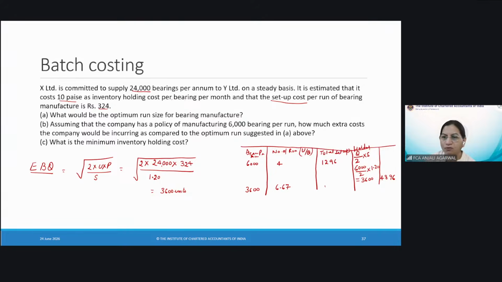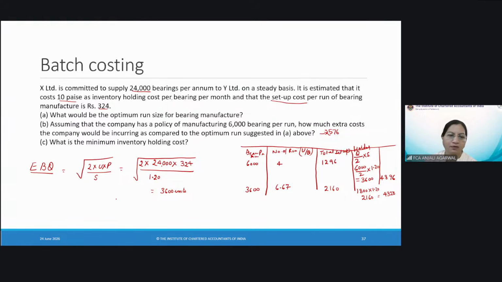So it will cost me 2,160, and I will be holding 1,800 units, 3,600 divided by 2, at the rate of 1.20. So my total cost will be 2,160 plus 2,160, it will cost me 4,320. So what extra cost will you incur? It is 576 rupees. If you compare 4,896 with 4,320.